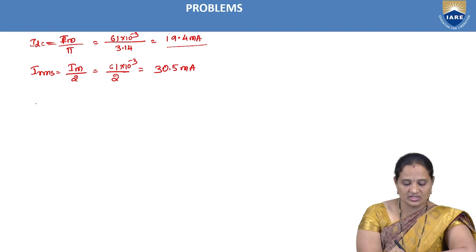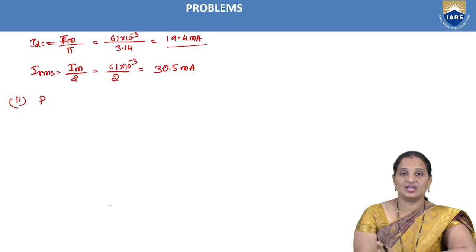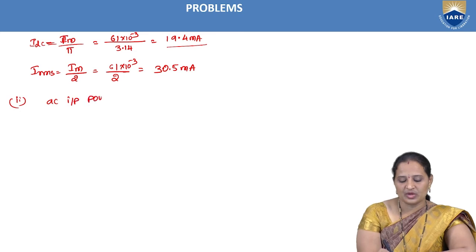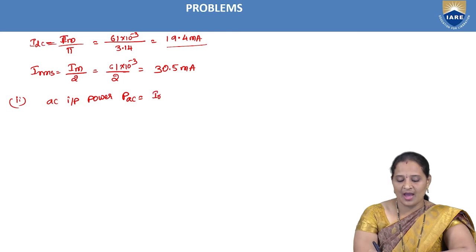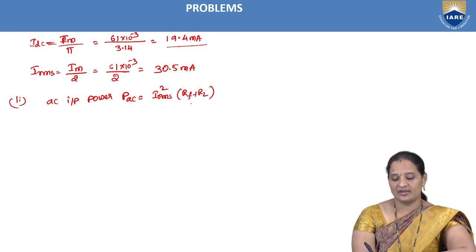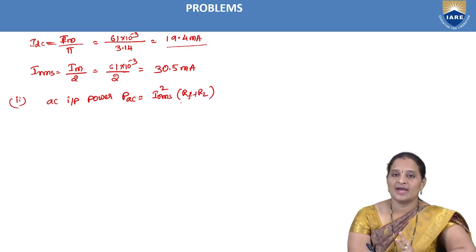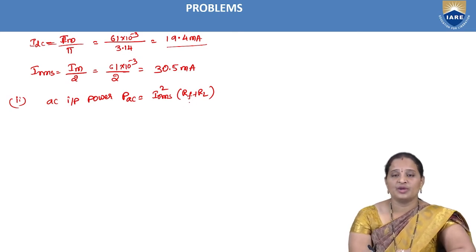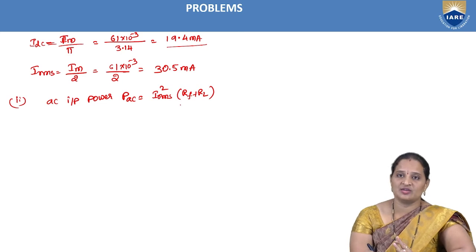Now let us calculate the second one, AC input power. We know the formula: PAC is given by IRMS square into (RF plus RL). As I told you, if the forward resistance of the diode and secondary winding resistance are given, then we have to consider both while calculating the AC input power.